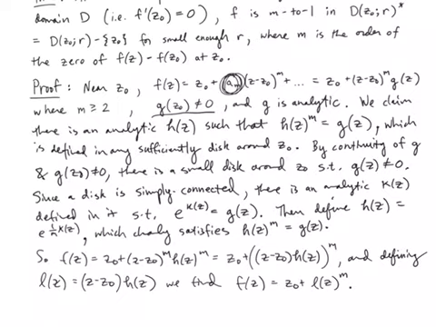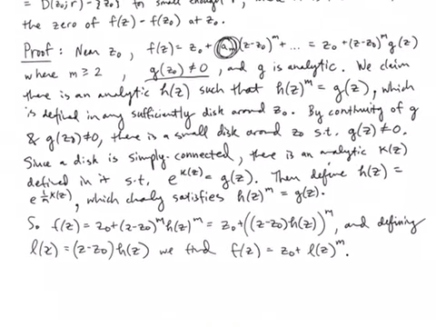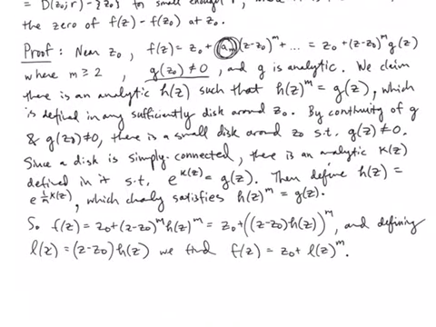So the next thing is that what we want to say is that L is locally invertible, so that we can solve an equation like f of z equals w with it. And in order to do that, we want to check that the derivative of L at z naught is not equal to 0 and use the inverse function theorem.